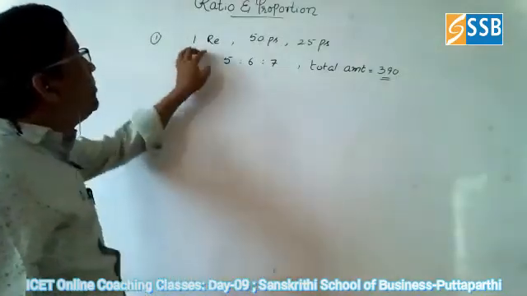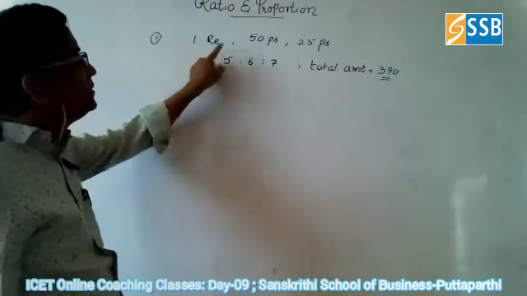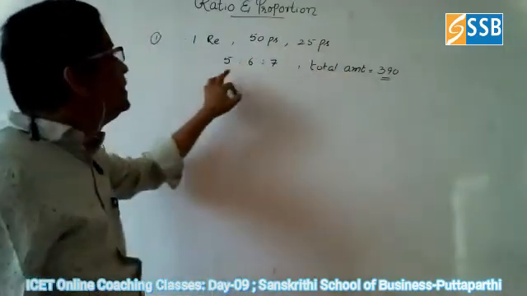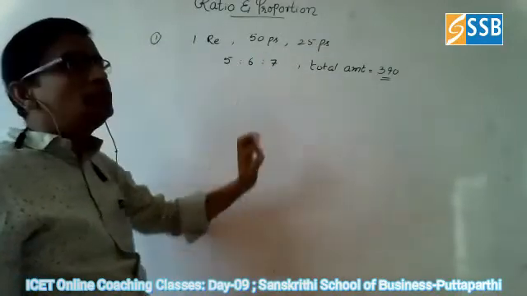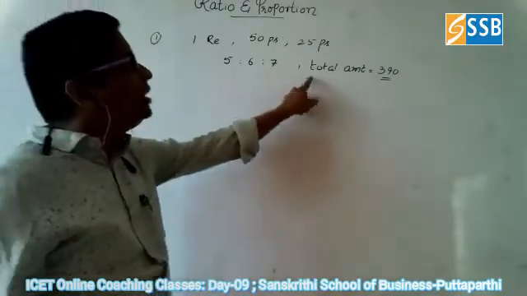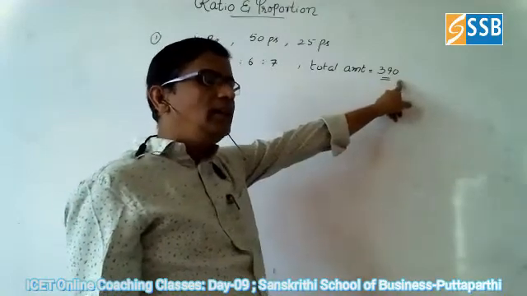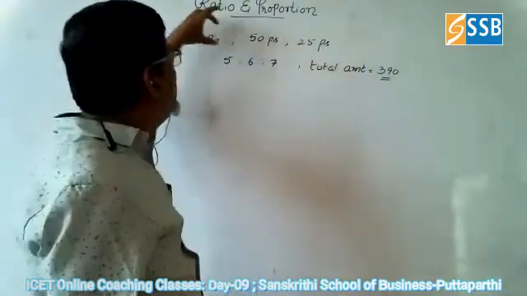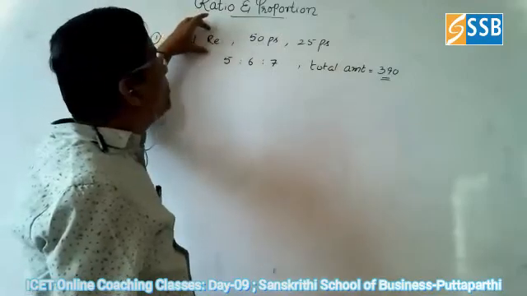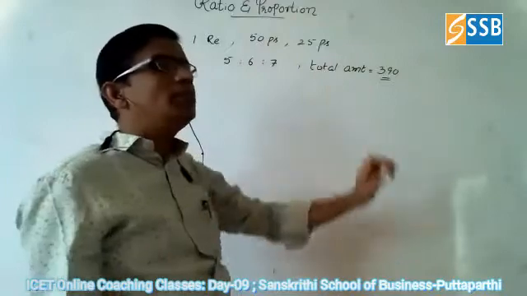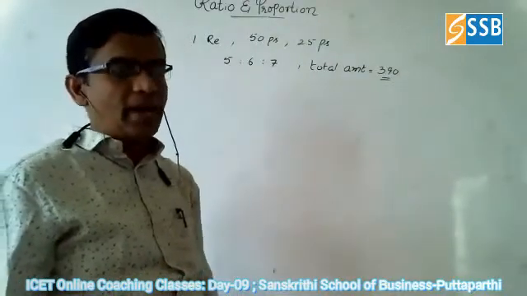See here, a bag contains 1 rupee coin, 50 paise coin and 25 paise coin in the ratio 5:6:7. The total amount in the bag is 390. Then find the value of each. Means how many 1 rupee coins, how many 50 paise coins, how many 25 paise coins are there in the bag.